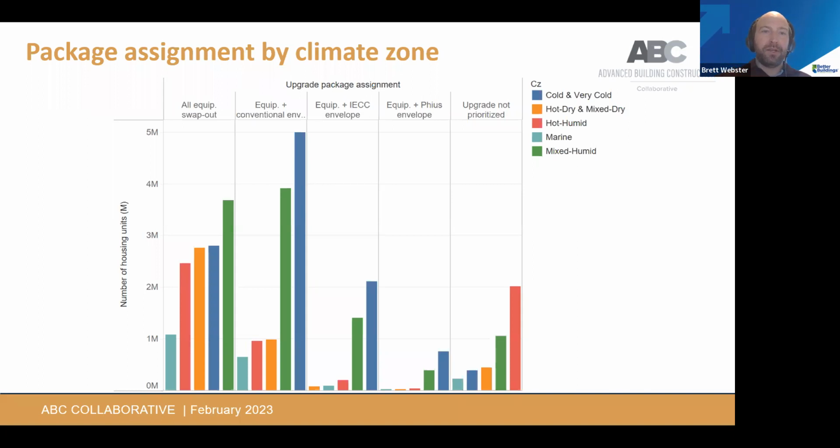That's all they need to achieve this zero carbon alignment, and the bulk of the envelope interventions, which are the 3 packages in the middle, really are in cold and very cold climates and also mixed humid climates. And that's overwhelmingly true for the higher performance envelope cases of IECC and FIAS levels.